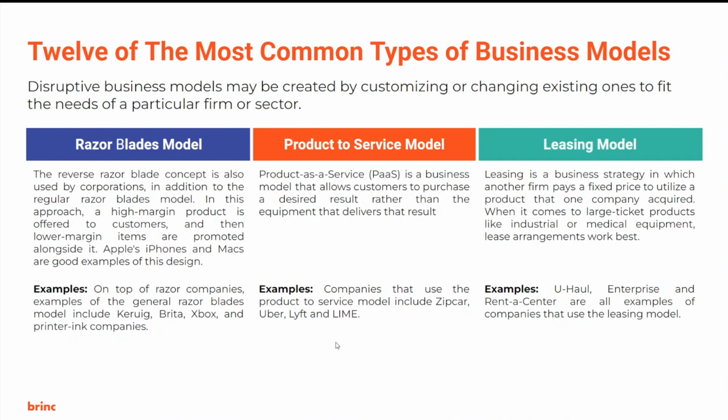What Uber did is that Uber is the biggest transportation company in the world, the biggest taxi company in the world without a single car. So that's the power of product as a service. This is exactly what Uber did: they incorporated people to come along and actually use that kind of service using the platform.